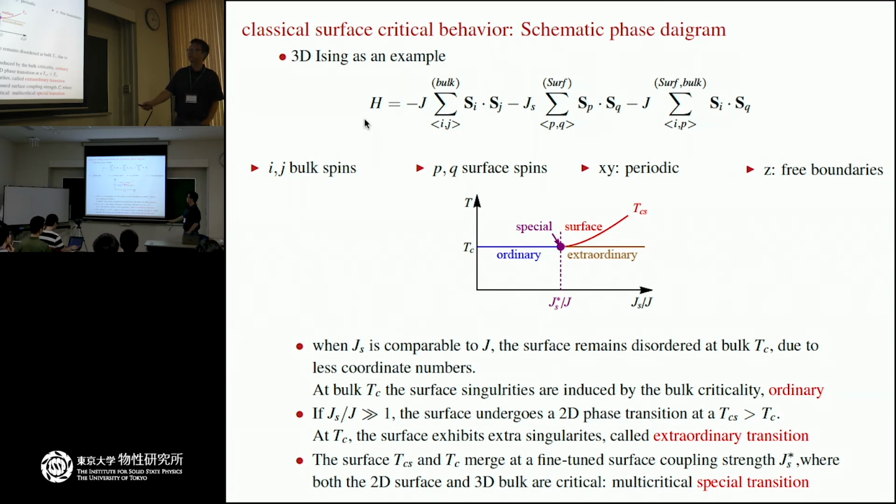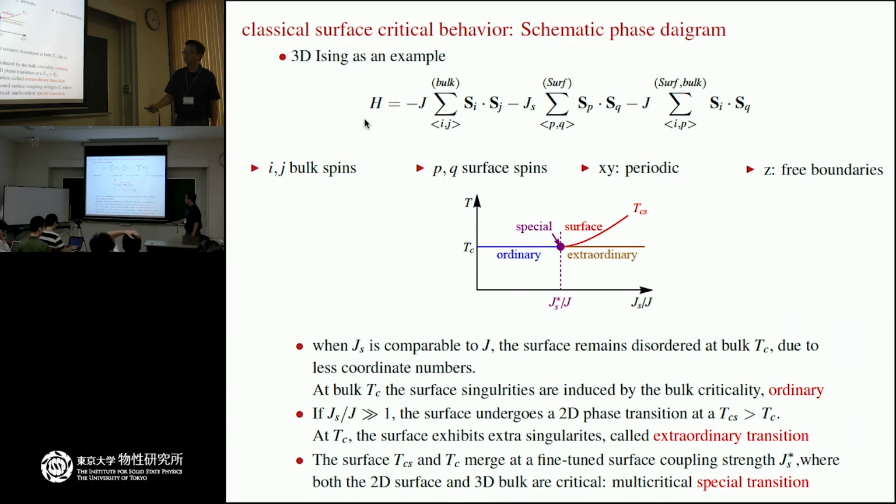So if this surface coupling is comparable to the bulk coupling, then the surface remains disordered at the bulk Tc. This is understandable because the surface spins have fewer coordination numbers.